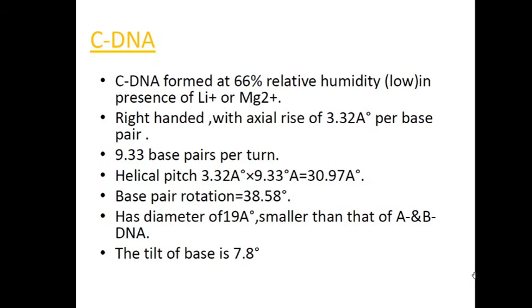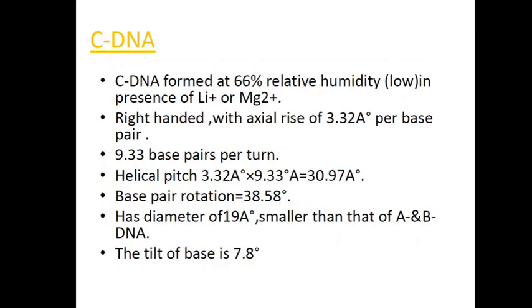Now the next variant, which is a minor variant, is the C form of DNA, which is formed at 66% relative humidity and in the presence of lithium and magnesium ions. This particular structure is also a right-handed structure with an axial rise of 3.32. If you compare it with the B form, it was 3.4 angstrom per base pair.